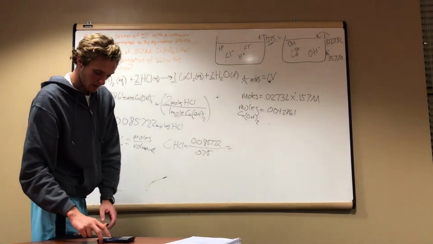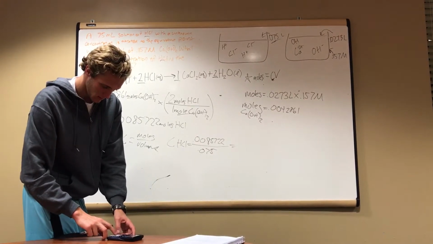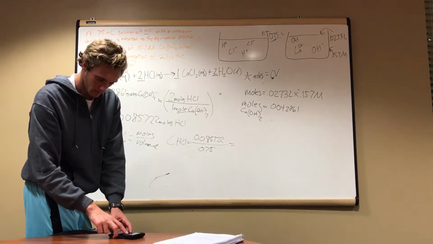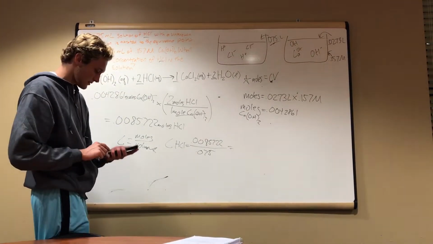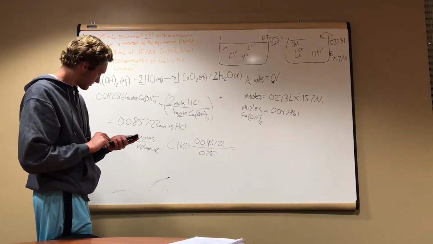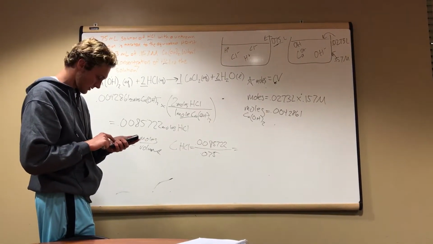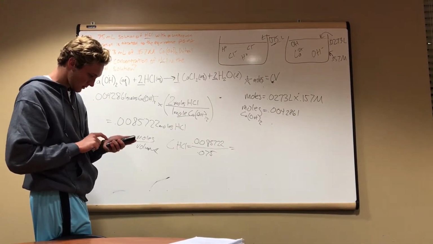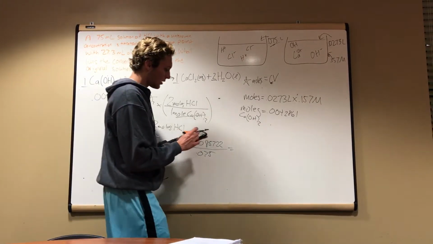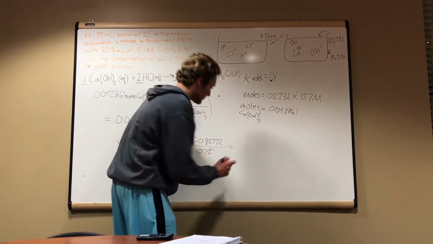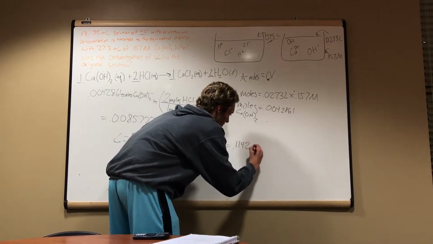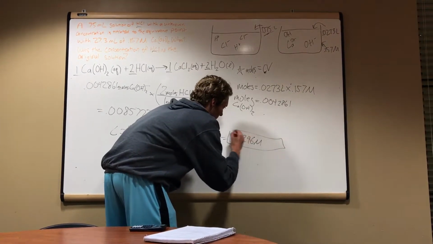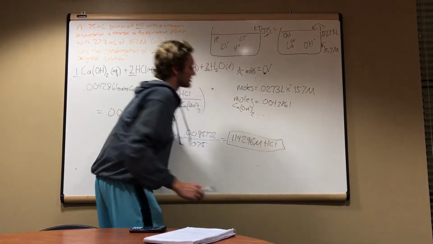Plug numbers into our calculators. Yep, made a mistake. I apologize. Gives us 0.114296 molar, and this is of HCl.